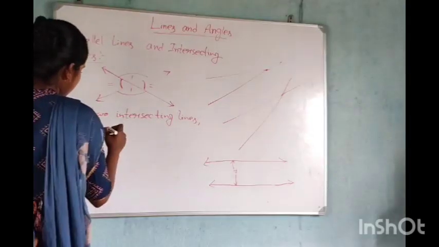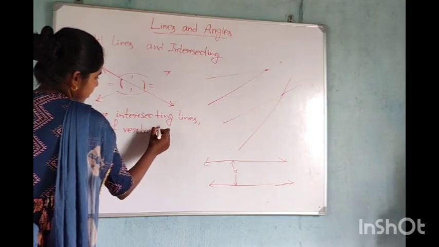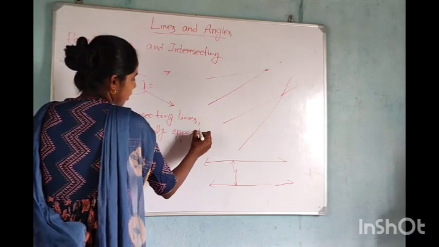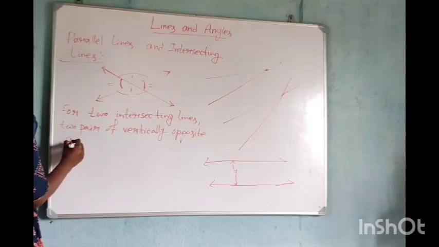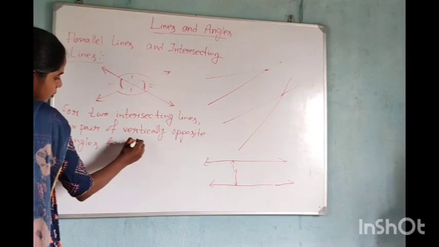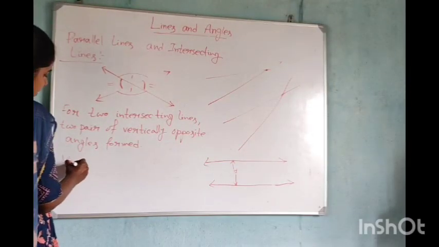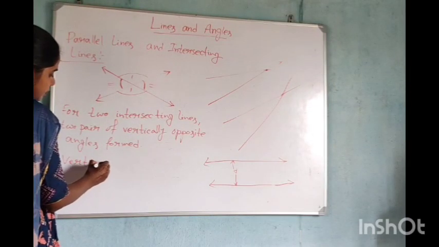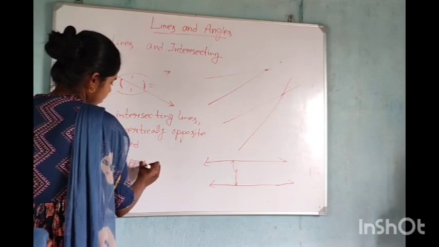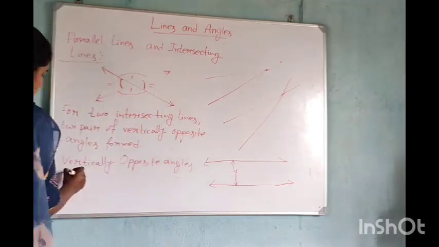Two pairs of vertically opposite angles are formed, and their property is that they are equal. Vertically opposite angles are equal. Okay.